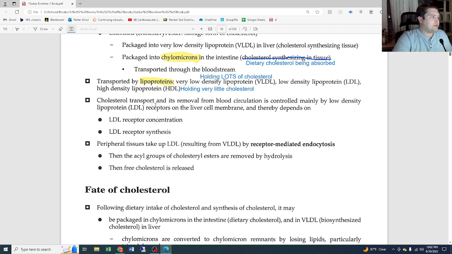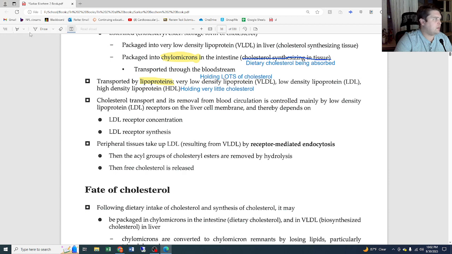So cholesterol transport and its removal from blood circulation is controlled mainly by low-density lipoproteins and receptors on the liver cell membrane, and thereby depends on the LDL receptor concentration and the LDL receptor synthesis. Peripheral tissues take up LDLs, which result from VLDLs, by receptor-mediated endocytosis.